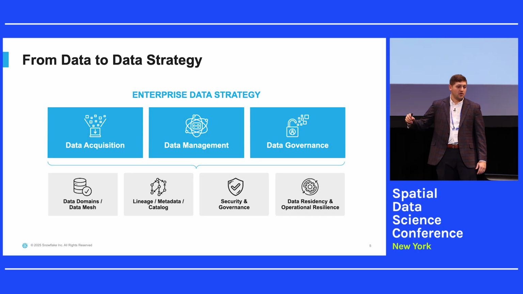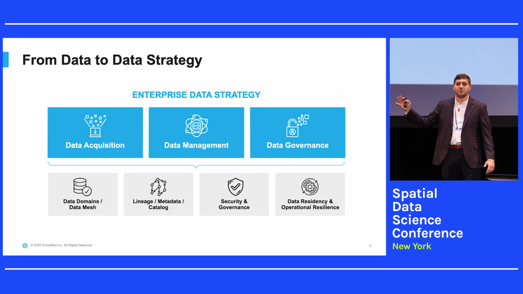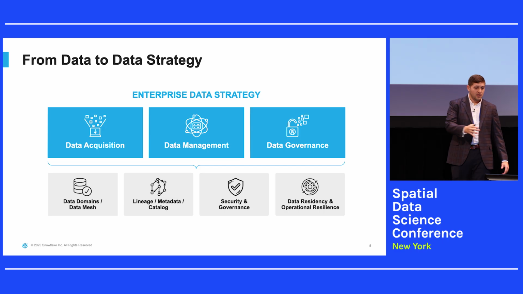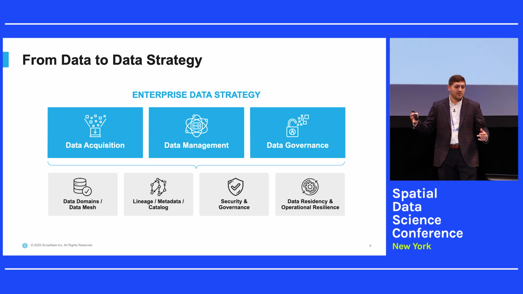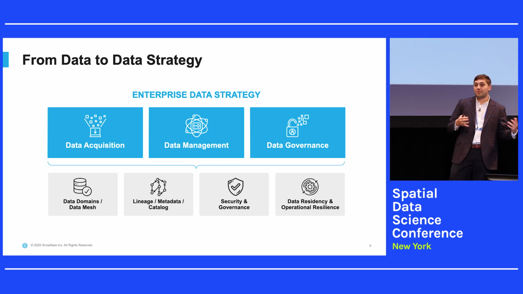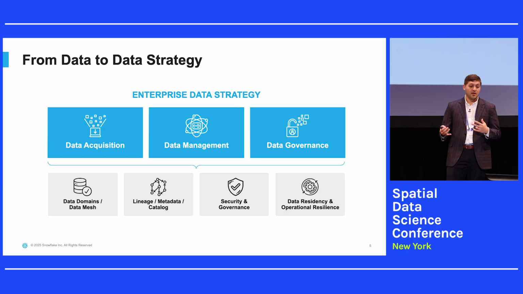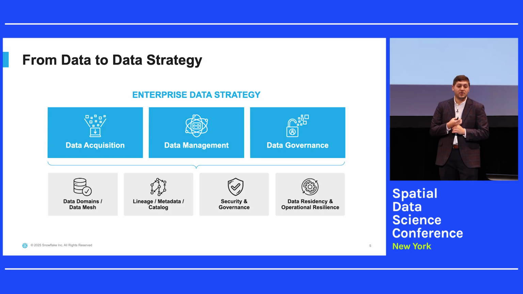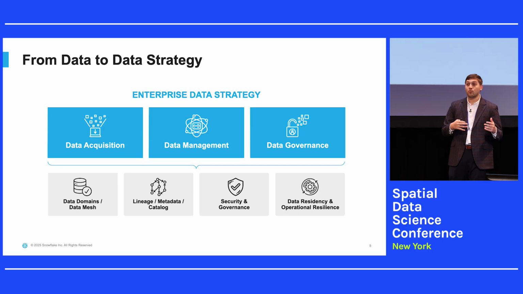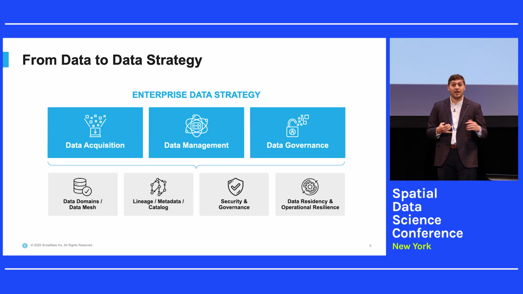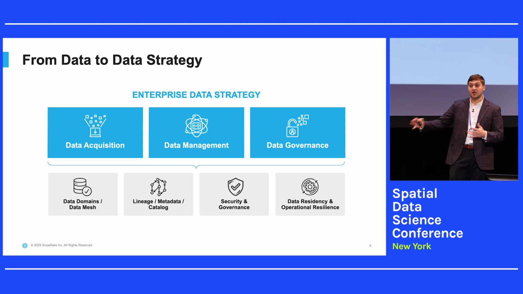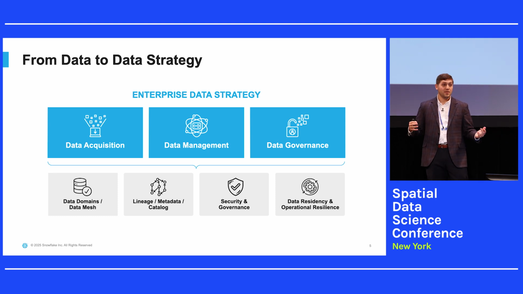As we think of how we go from data to a data strategy, removing data bottlenecks is the most important thing. You want to spend more time on data identification, discovery, and access, and supporting whatever data architecture makes sense for your business, whether that's a lakehouse architecture, a data mesh architecture, or whatever that might be.